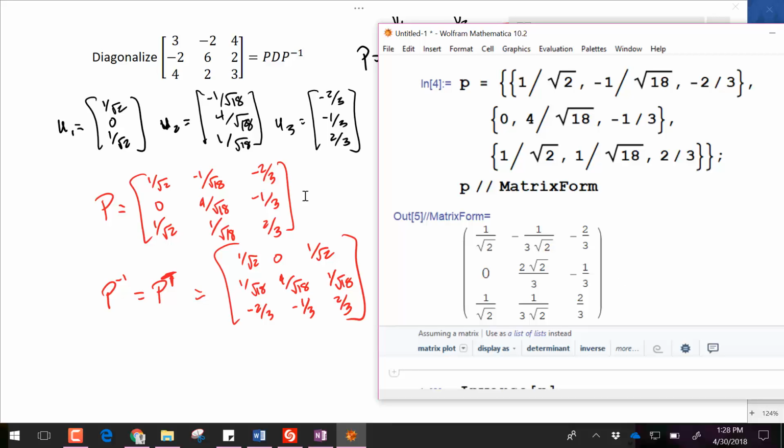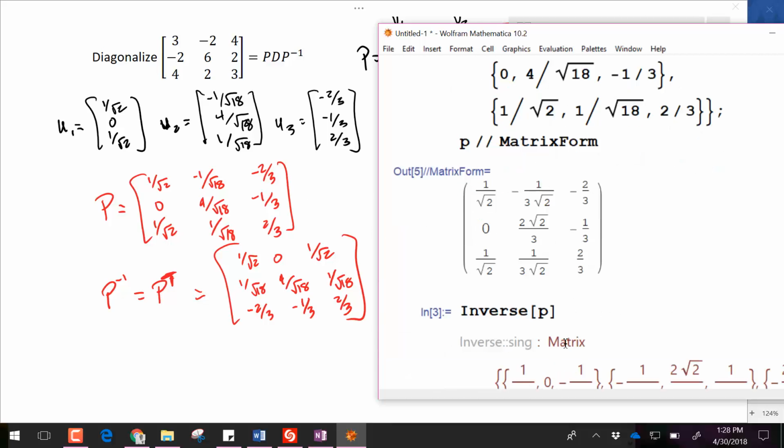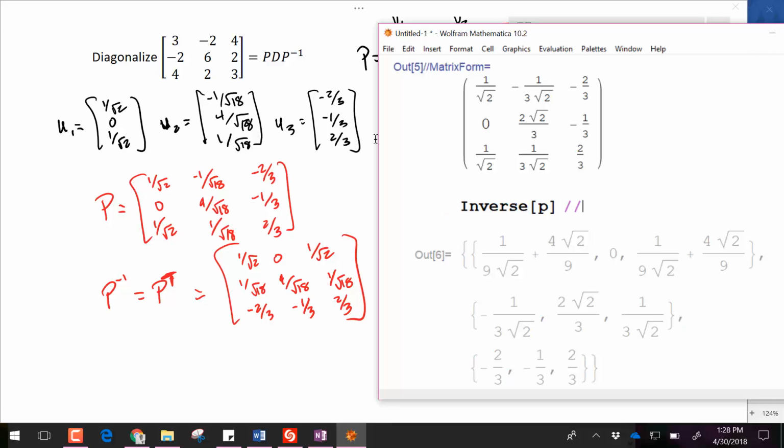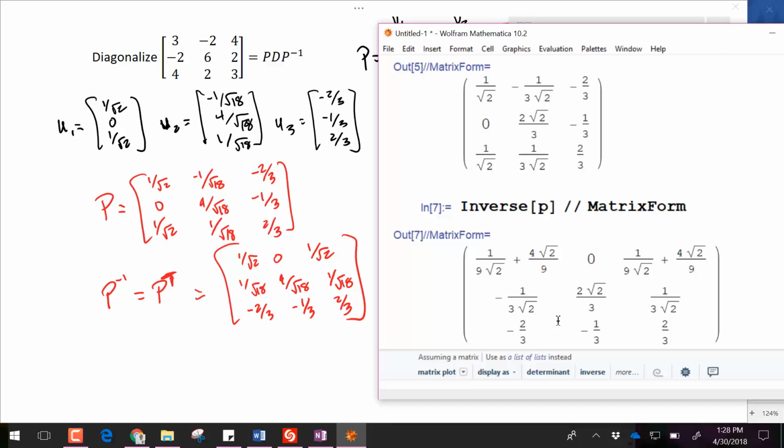So does this look like this matrix here? All right, so let's find the inverse. I guess we should make this matrix form so we can see it. Oh, I think I missed a negative sign somewhere here, right?